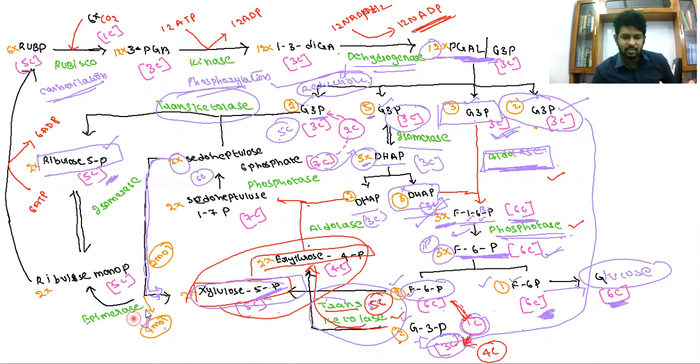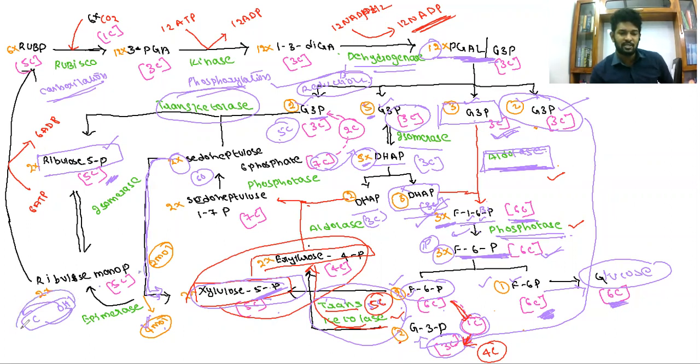This process is catalyzed by the enzyme epimerase. You have to understand, isomerase means it can be interchangeable. Epimerase means, based on the position of carbon and hydroxyl group, if these positions are changed, it converts to ribulose monophosphate.